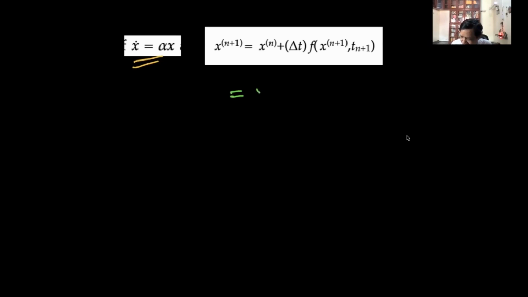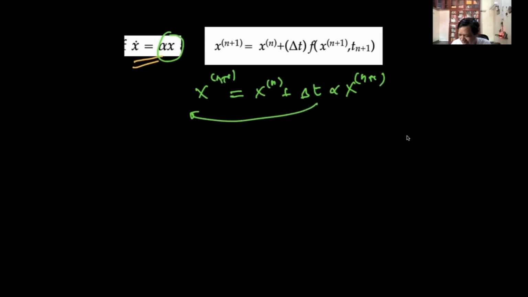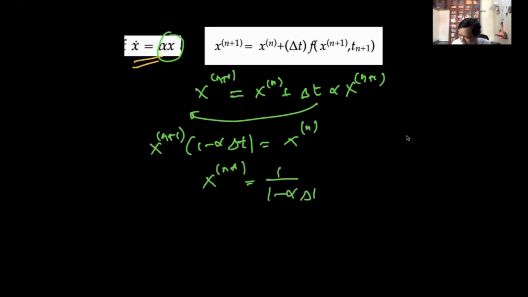So we have xn plus delta t times f, and f is alpha xn plus 1. Now it's a linear equation, and we can just take this to the left hand side, and you get 1 minus alpha delta t times xn plus 1 equals xn. So xn plus 1 equals 1 divided by 1 minus alpha delta t times xn.